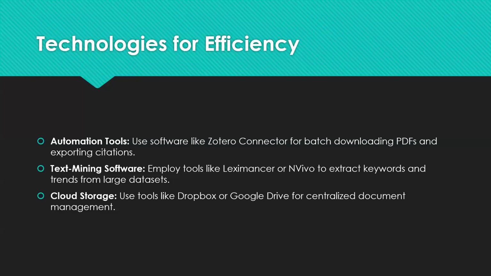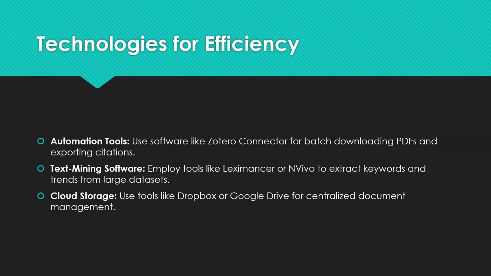The next one talks about technologies that are used for efficiency. There are three kinds of technologies. One is automation tools, that is software like the Zotero connector. It helps to download relevant PDFs directly from the websites, because nowadays we can see many paid articles. You need to pay for the journals for reviewing your research.